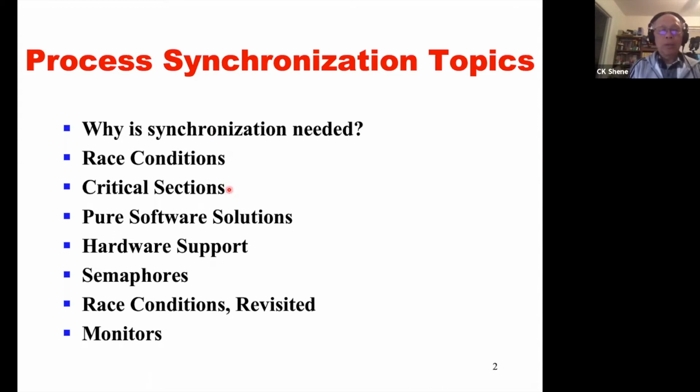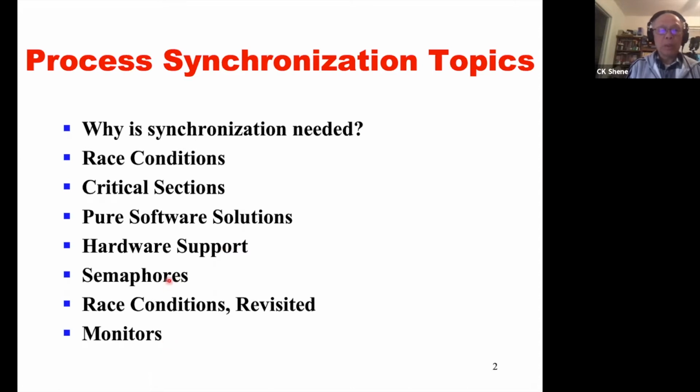To create a critical section, we need help from software to solve this problem, or if hardware can support it, we use hardware. But for most of the time, we use some system-supplied mechanisms, mostly semaphores and monitors.